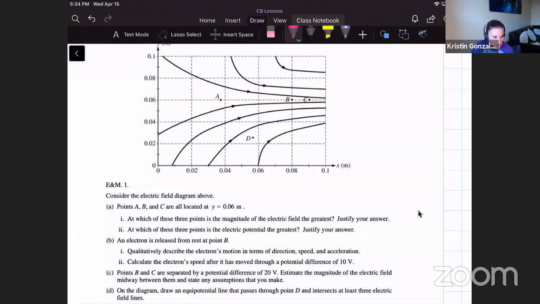You might need some more time, especially on part B II, but we'll go ahead and go over it. If you need to stop and pause at any time, you can.